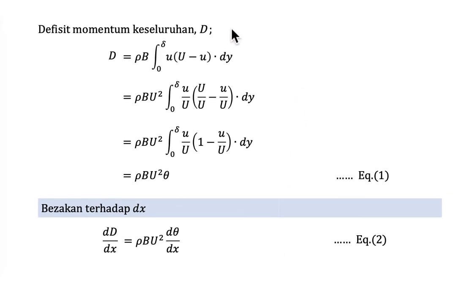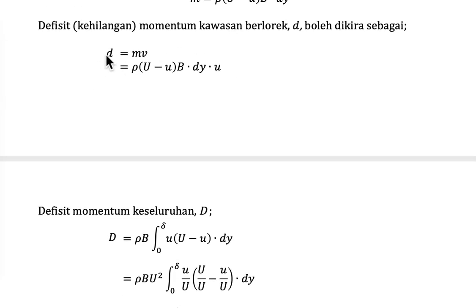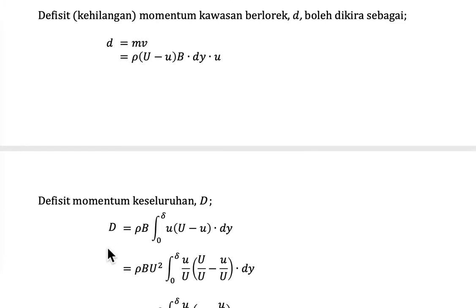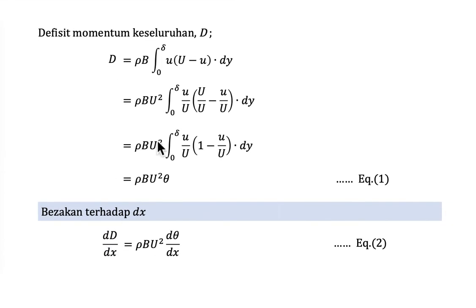Then to get the total amount of deficit momentum, we integrate the value here. We integrate the small d here, so we could get the total deficit momentum. So we could write the previous equation as rho b integral from 0 to delta of u (U minus u) dy.